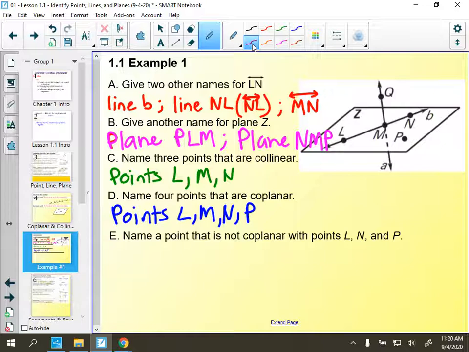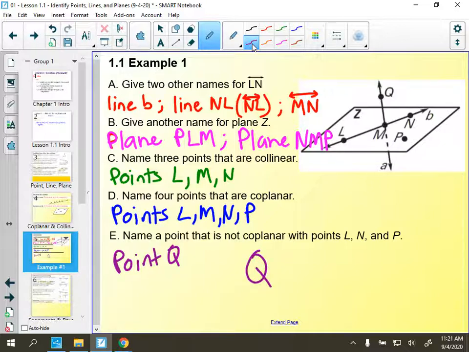Q, that was the one that I mentioned before as hovering above. It's on a line shooting through line QM, meant to be poking through plane Z. So that puts point Q, and again, I'm saying the word point, and I'm also writing the word point. Do not just say Q as an alternative answer.